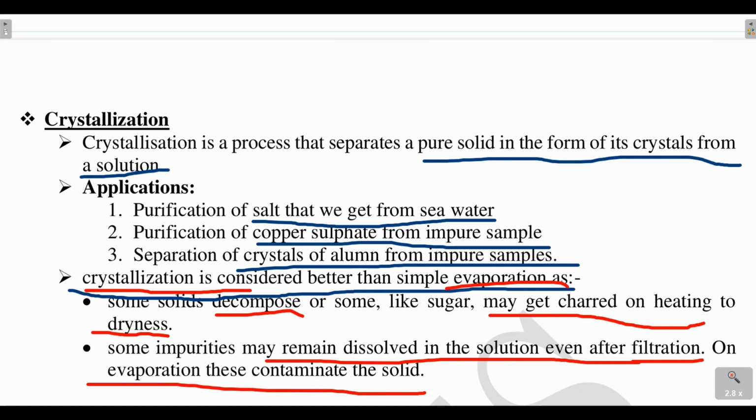That means some impurities will still remain in the solution even after filtration, so during evaporation they contaminate the solid. These impurities will not evaporate with the solution, they will stay with the solid, so it makes the solid impure.